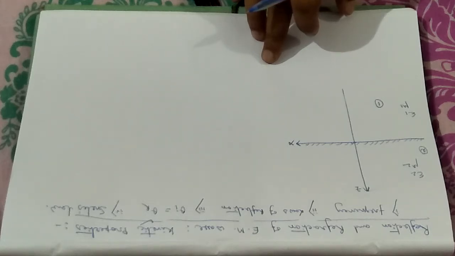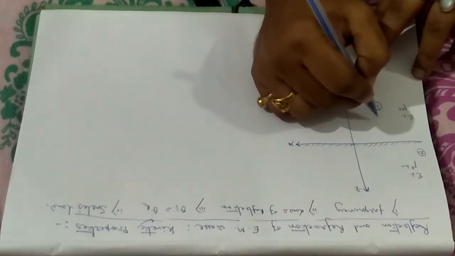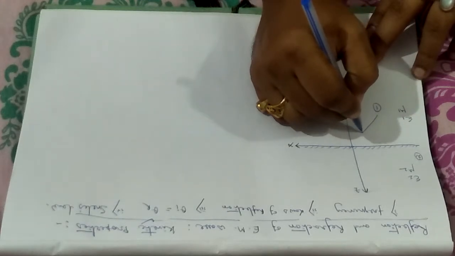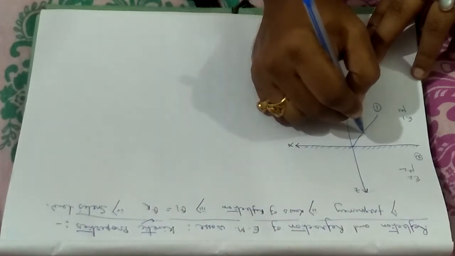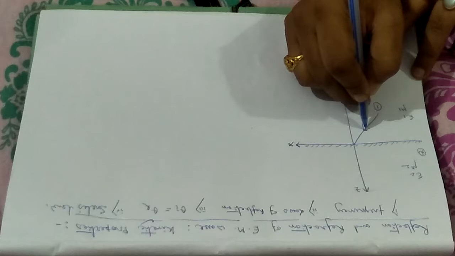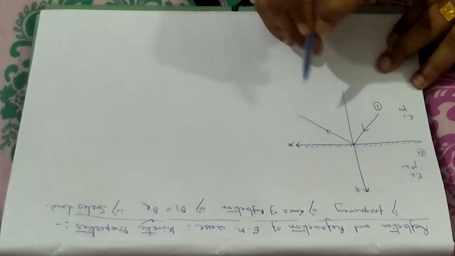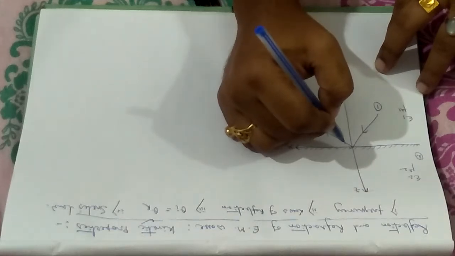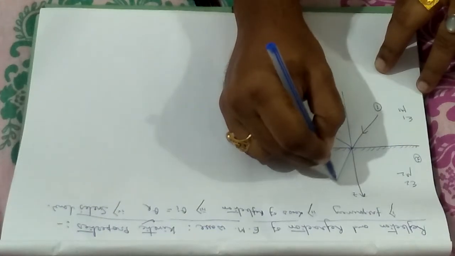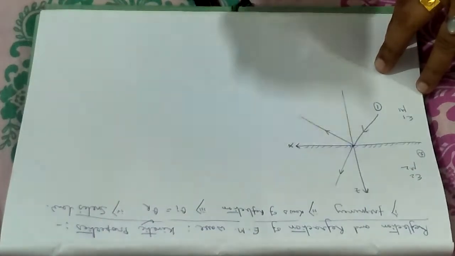Now we are considering that from medium 1, I am having one electromagnetic wave. This is one electromagnetic wave incident on the interface in this direction, and a part of the ray is being reflected in the first medium and another part of the ray is being refracted in the second medium.